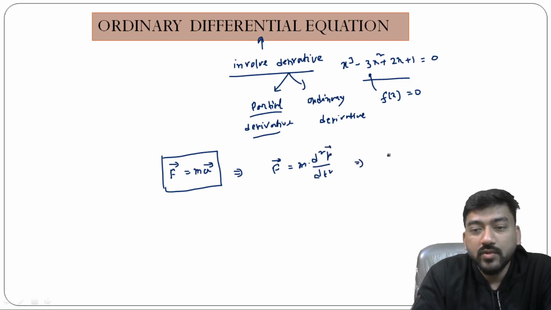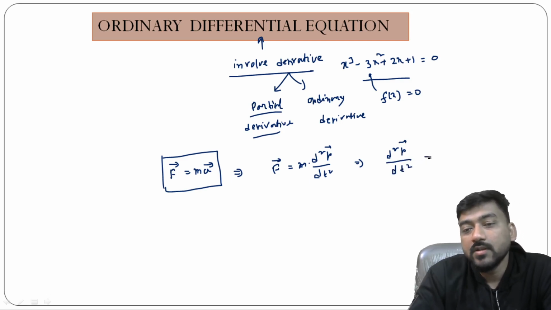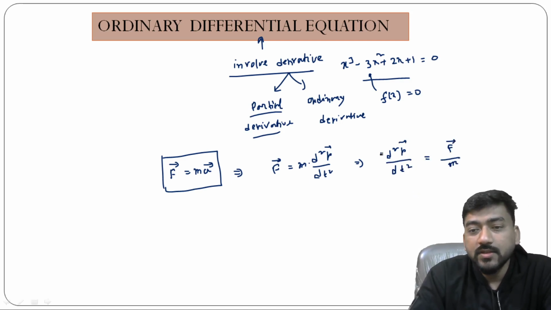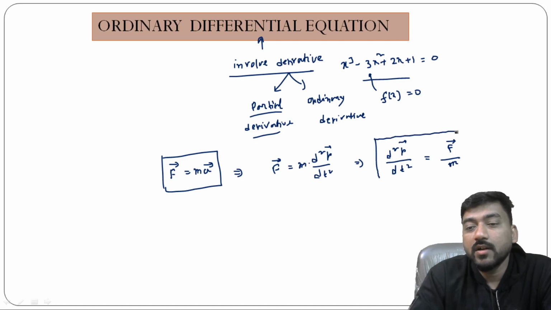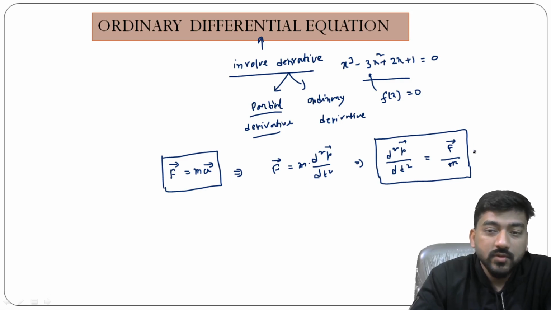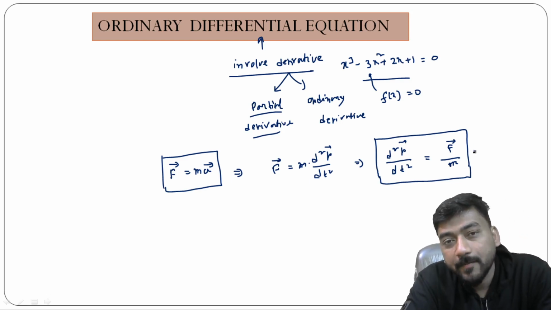So your equation will be something like this: d2r upon dt2 is equal to F by m. This is not a single equation, this is a set of differential equations, because the equation is written in vector form. But if you want, you can write it in component form also.